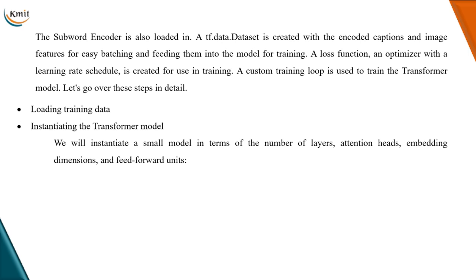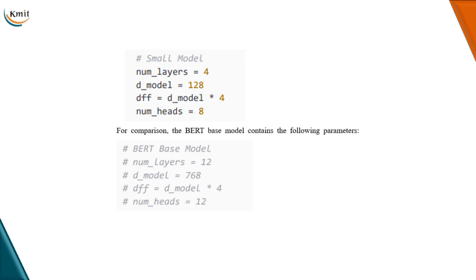When I talk about the subword encoder, that also we can load. You can load the training data and you can instantiate the transformer model. We will instantiate a small model in terms of number of layers, number of attention heads, embedding dimensions, and we will also instantiate the feed forward units.